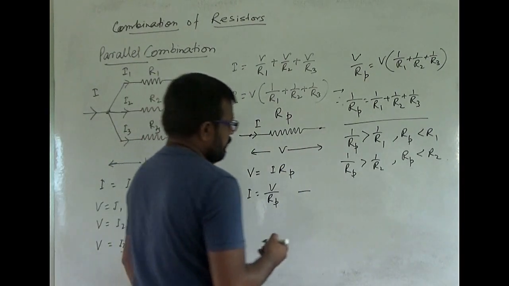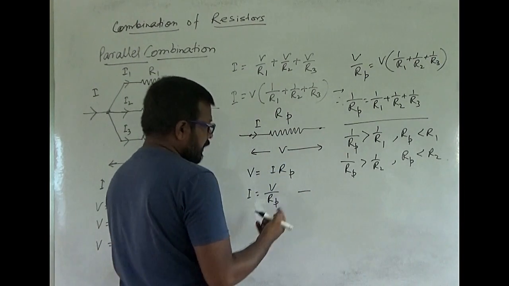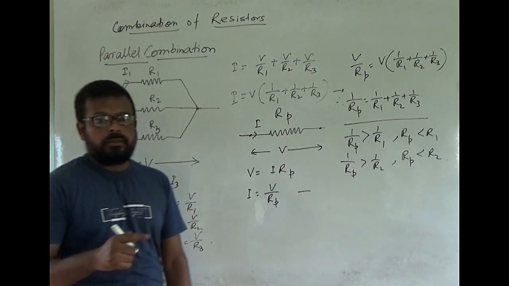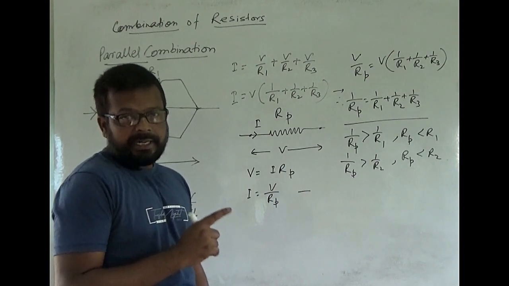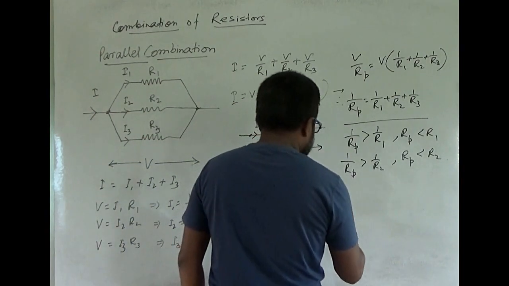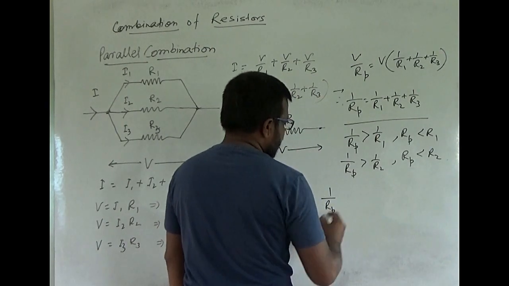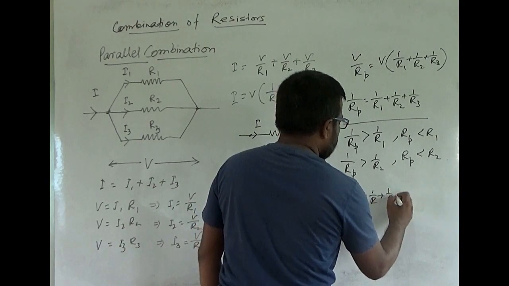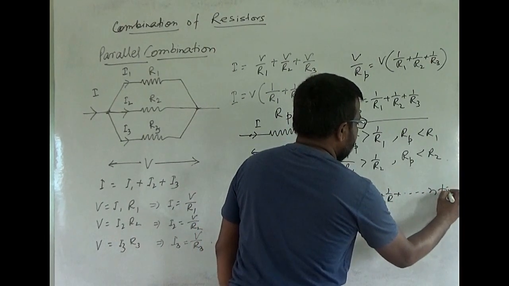And as in series combination, if we connect n number of resistors of the same resistance in parallel, then the equivalent resistance Rp is given by 1 by Rp equals 1 by R plus 1 by R plus 1 by R plus dot dot dot n times.